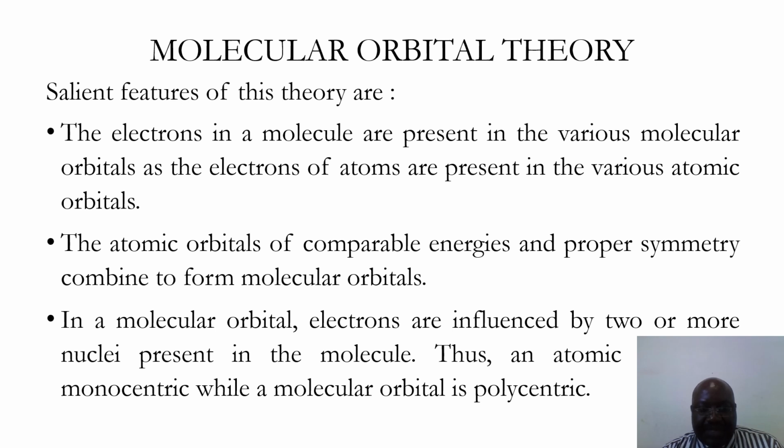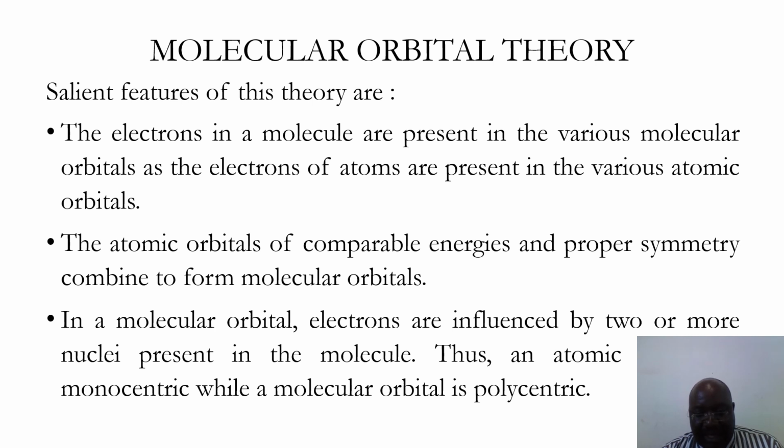The salient features of this theory are that the electrons in a molecule are present in various molecular orbitals, as electrons of atoms are present in various atomic orbitals. The atomic orbitals of comparable energies and proper symmetry combine to form molecular orbitals. In a molecular orbital, electrons are influenced by two or more nuclei present in the molecule.